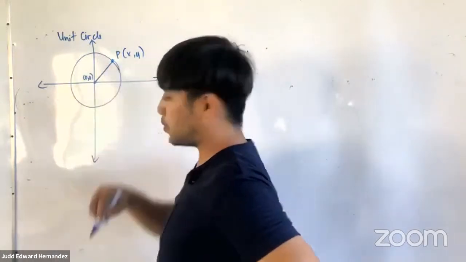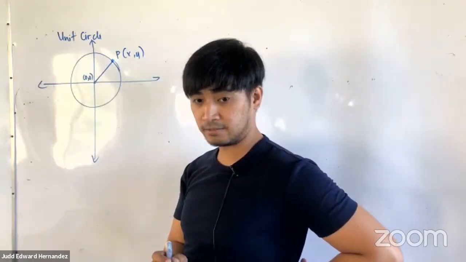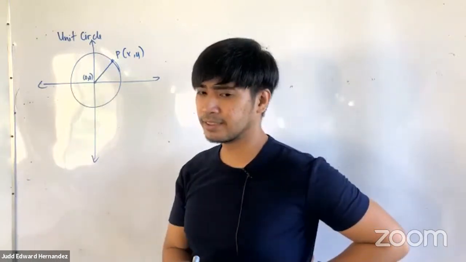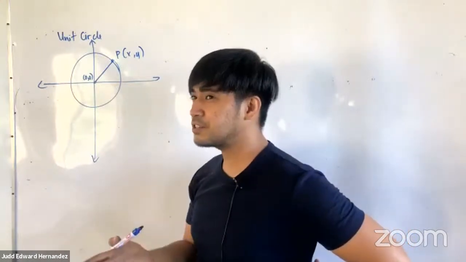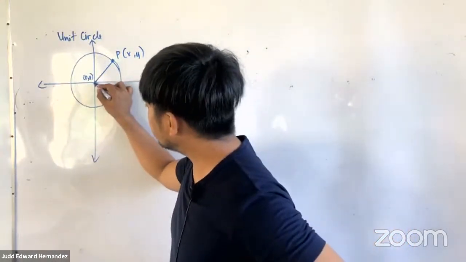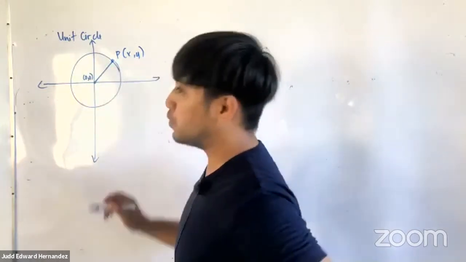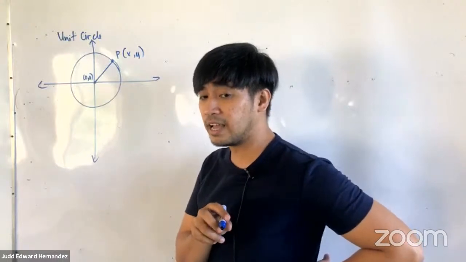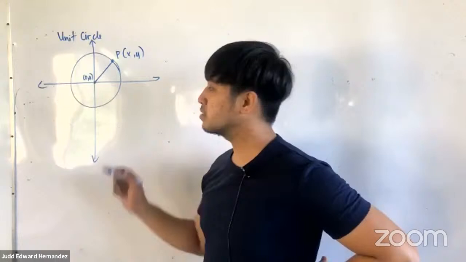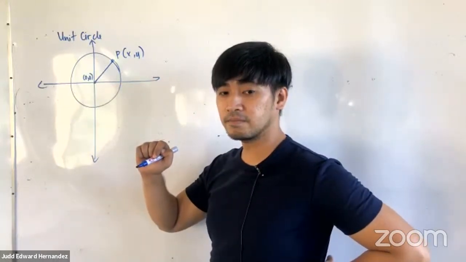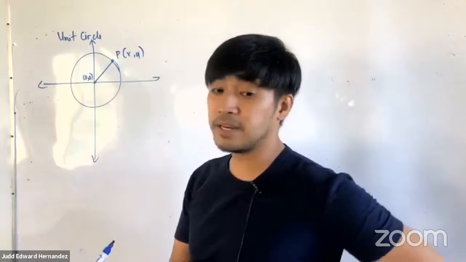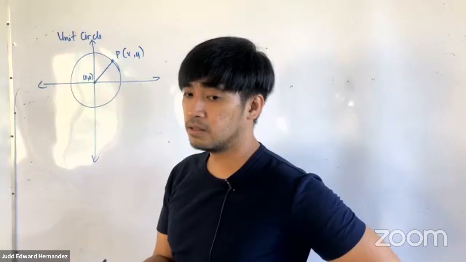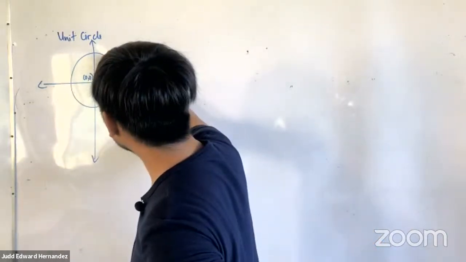From this one up to this point, ilan po yung measurement niya? Anong sabi natin sa unit circle? From the origin up to the circumference of the circle, what part of the circle is that one? We call that as radius. Ano bang sabi natin sa value ng radius ng unit circle? Equal po siya sa 1, therefore this is just equal to 1.